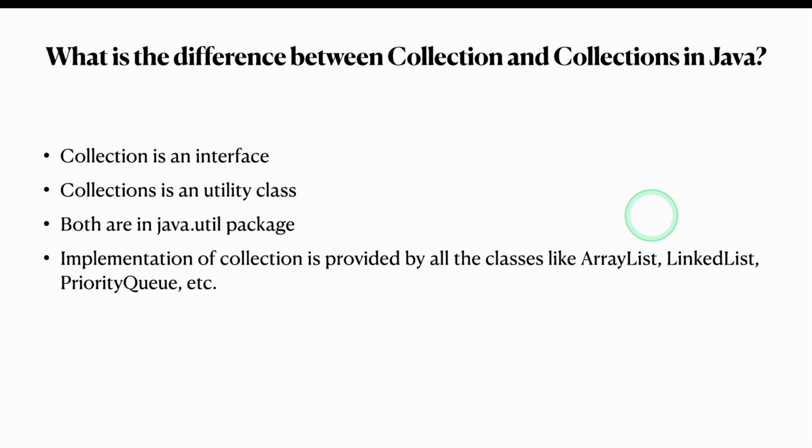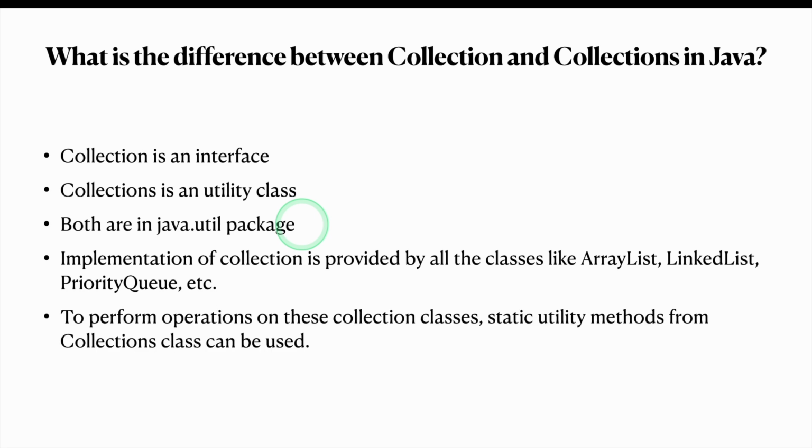Collections allow you to perform operations on the implementations of collection, which are provided by classes like ArrayList, LinkedList, PriorityQueue, etc. And both this interface and class are in the java.util package. To perform operations on these collection classes, static utility methods from the Collections class can be used. All the methods in the Collections class are static.